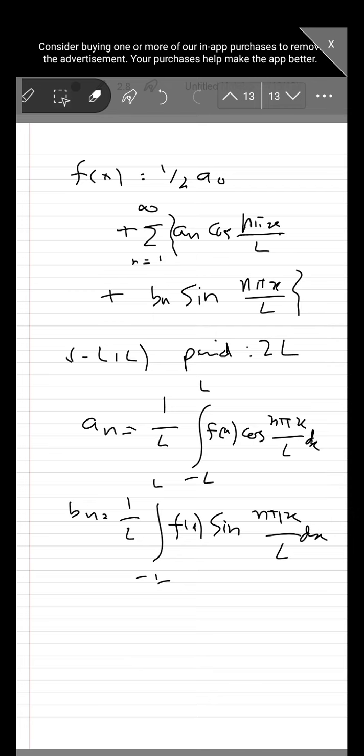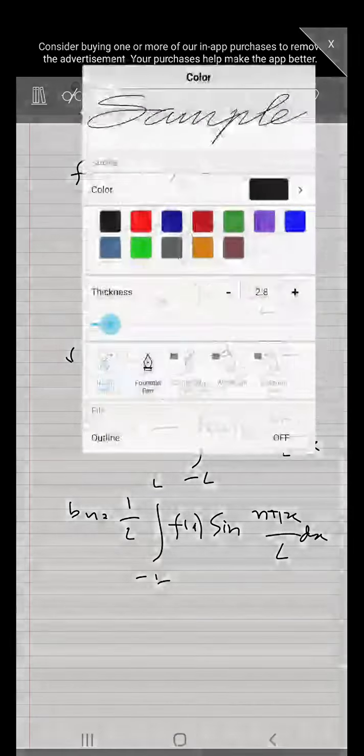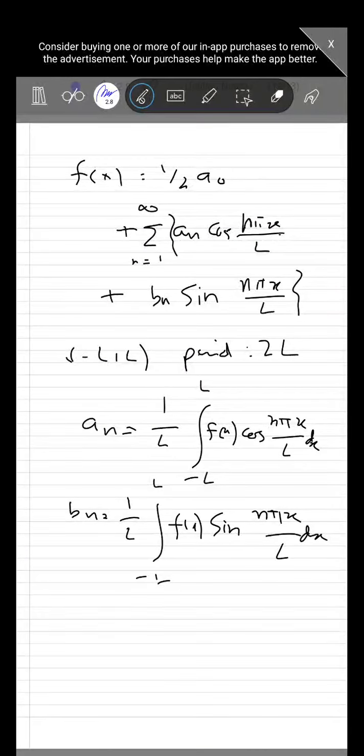You can also represent the Fourier series in complex form.